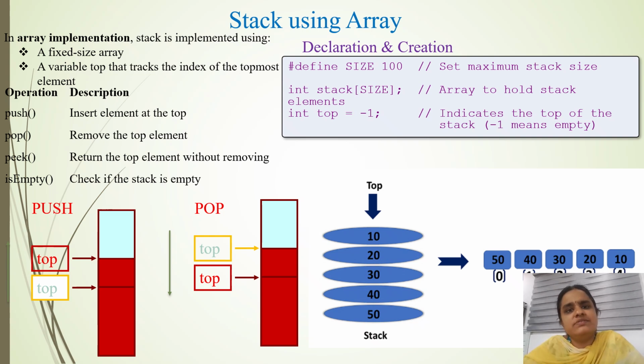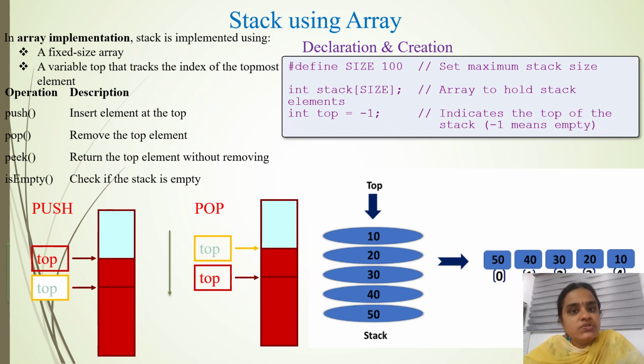One of the simplest ways is by using an array. We use a fixed size array to store the elements of the stack. That means we decide in advance how many items our stack can hold. For example, here it's defined as size 100, so the stack can store up to 100 elements, that is, index 0 to N minus 1.